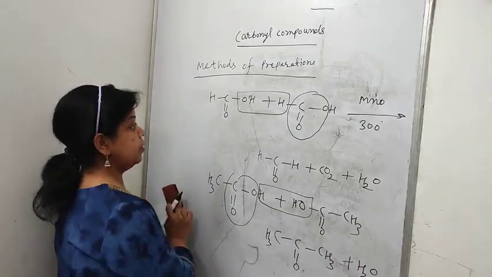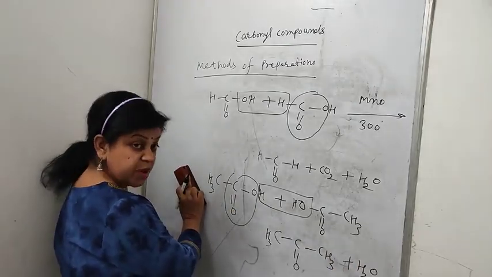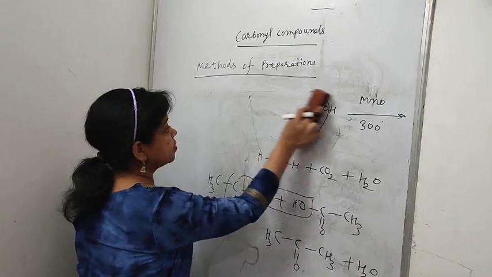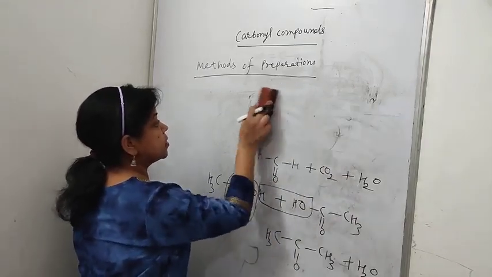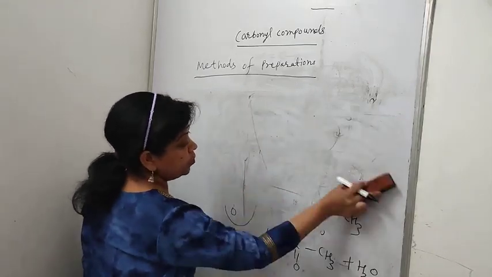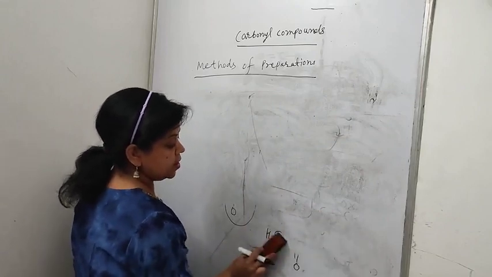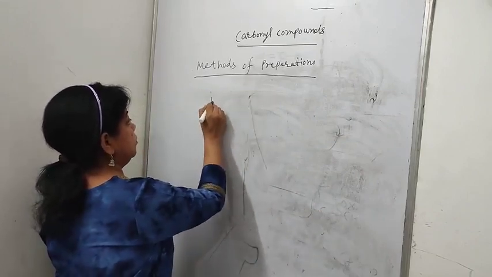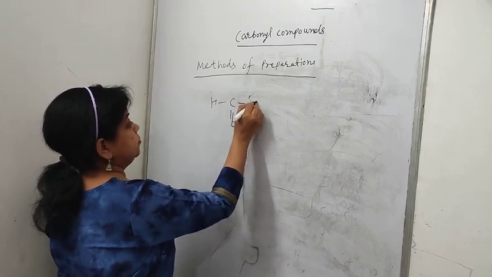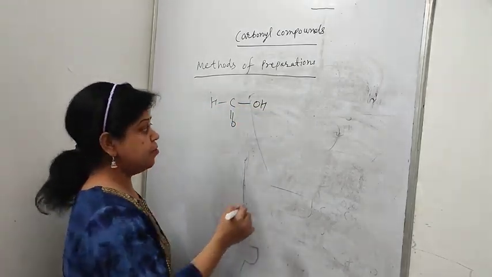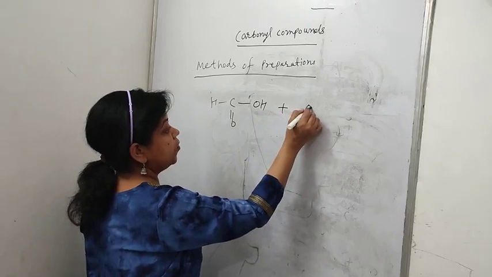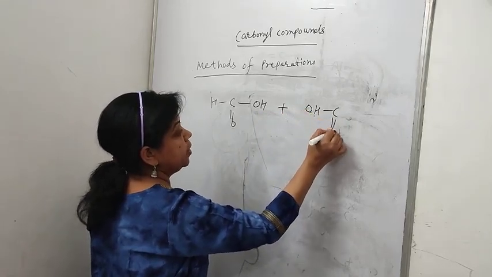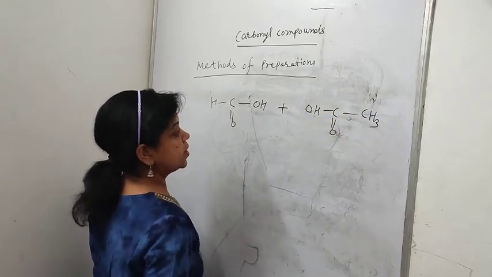What will happen if we use a mixture of both the fatty acids? In this case, again you will be able to get acetaldehyde. This is our formic acid, and the other fatty acid which we have used is acetic acid.